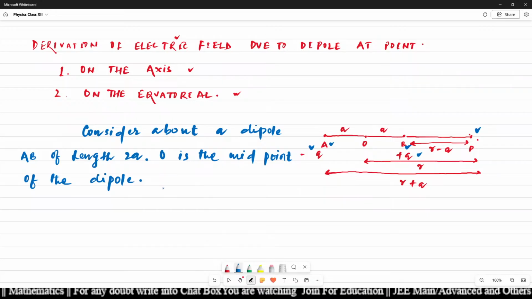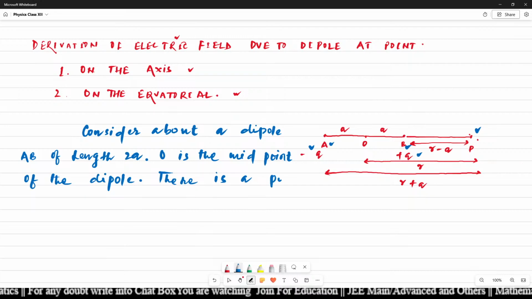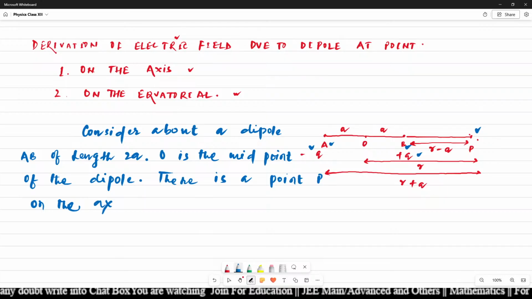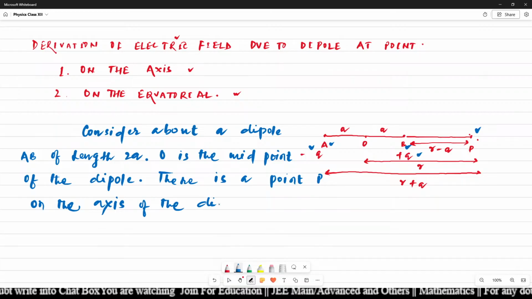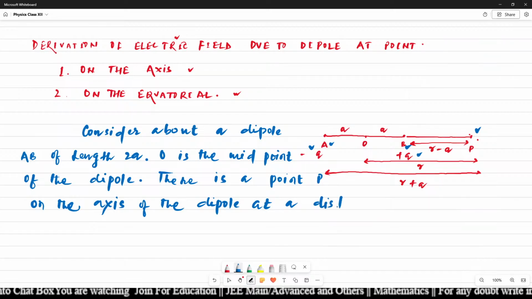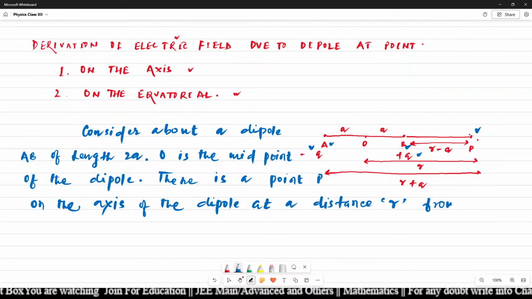There is a point P on the axis of the dipole at a distance r from the midpoint of the dipole.